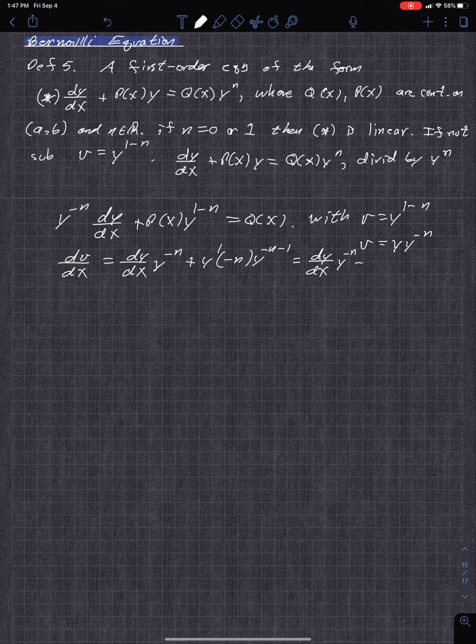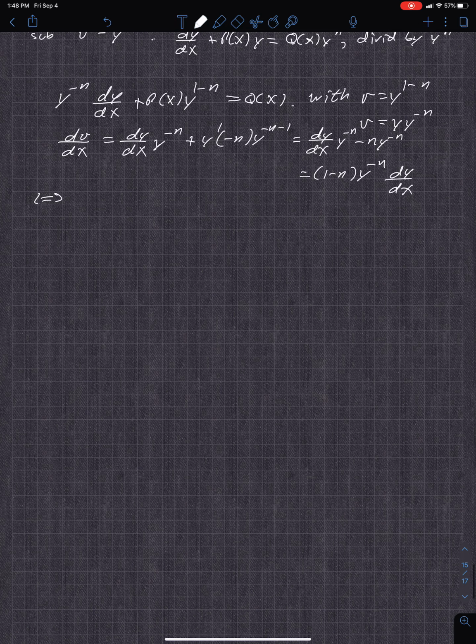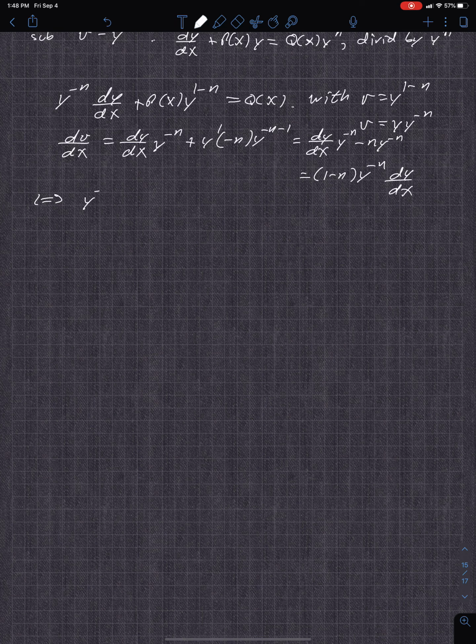Spend a little time going through here and take a look at how this works. So do your substitution, and you end up getting y to the negative n dy/dx equal to 1 over 1 minus n dv/dx.